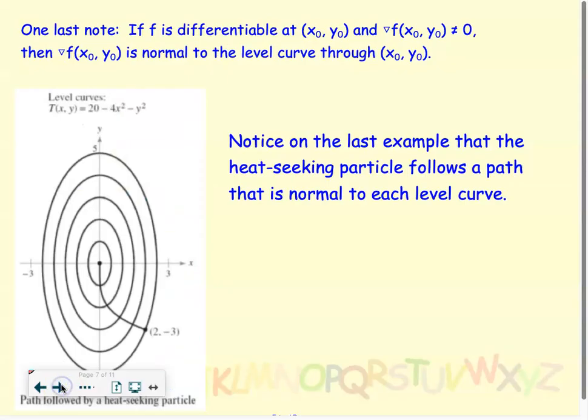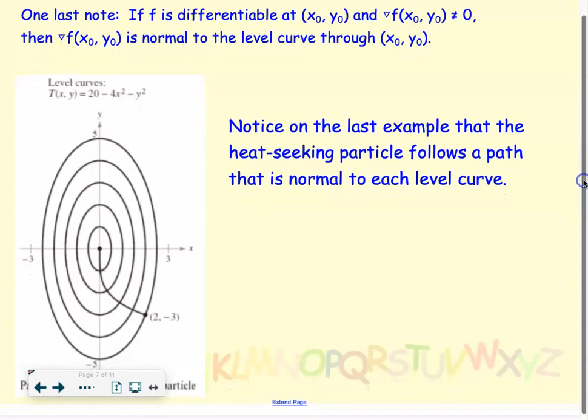So, anyway. All right. One last note. If f is differentiable at the initial point, and the gradient at that initial point is not 0, then the gradient is normal to the level curve through x sub 0, y sub 0.